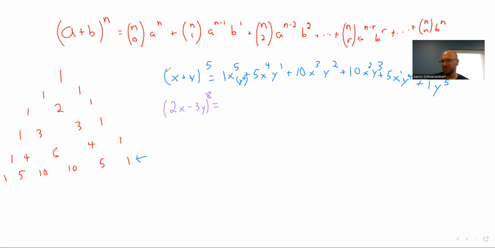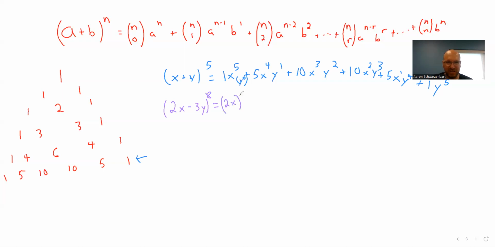I'm going to do it with combinations, and I'm going to use a calculator to calculate all of my combinations. So now n choose 0 is just always 1.